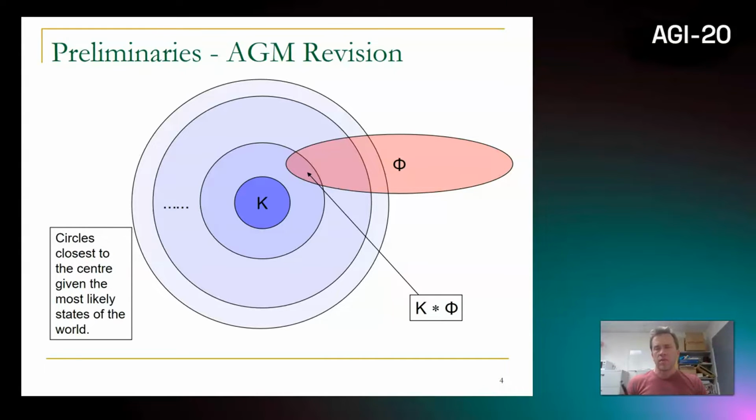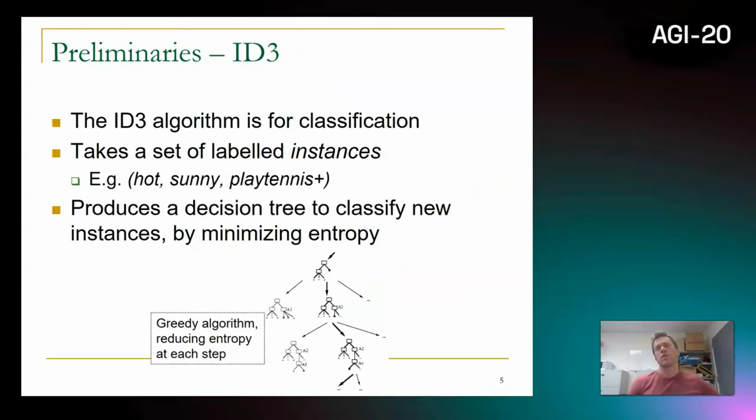So when you get new information, what you should believe is the most plausible things in your original ordering that are consistent with the new information. So that's where this arrow points. And this is a well-developed theory from the late 80s, and it's been highly effective in the knowledge representation community.